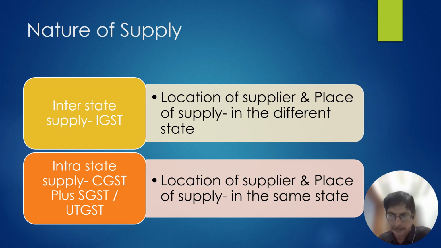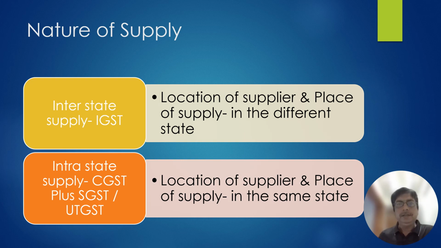How to determine that? In case of interstate supply, IGST is leviable. In case of intrastate supply, CGST plus SGST is leviable. But how to determine whether a particular transaction is interstate or intrastate?